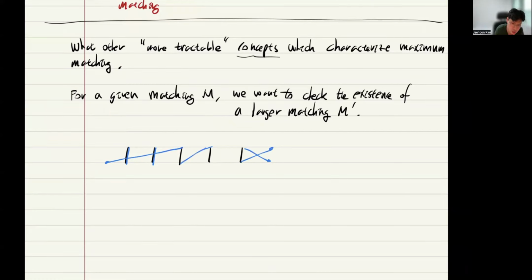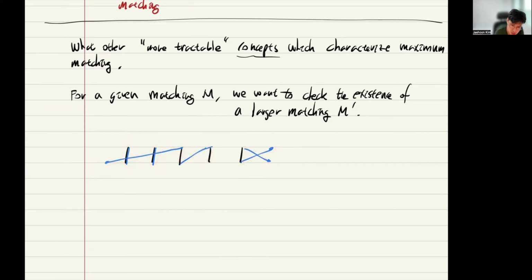The black one has only 5. If there is a larger blue matching, then what do you see here? We have drawn the original matching M, and then we have drawn a larger matching M prime. What we see here is that certain edges of M and M prime are concatenated into certain paths.